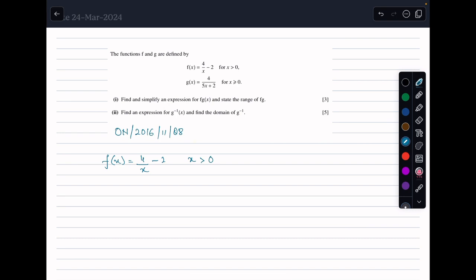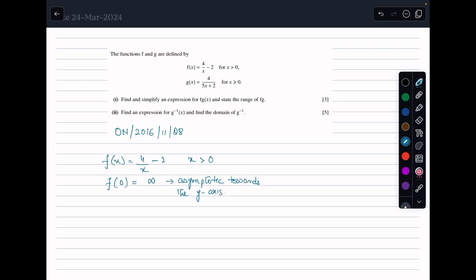If such questions are given to us, I should know that they have said x is greater than 0, because if my x has a 0 value, then my function becomes undefined, meaning it's asymptotic towards the y-axis.